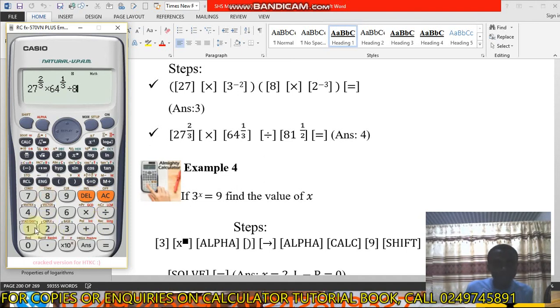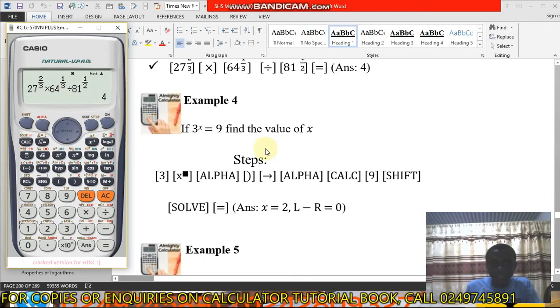Divided by 81 raised to the power 1 over 2. So the fraction key, 1 over 2. Now we are safe to press the equal sign. For such a simple entry, the answer is 4.